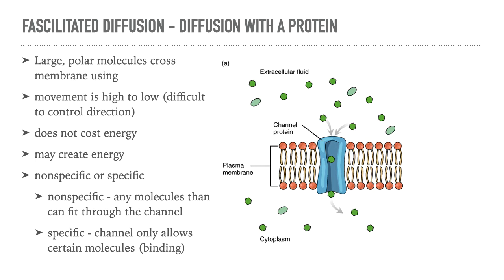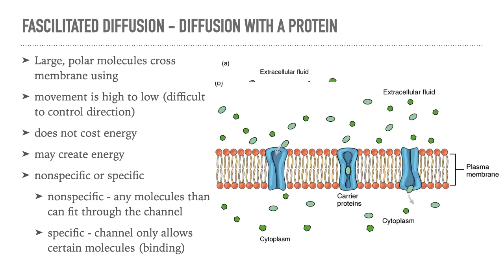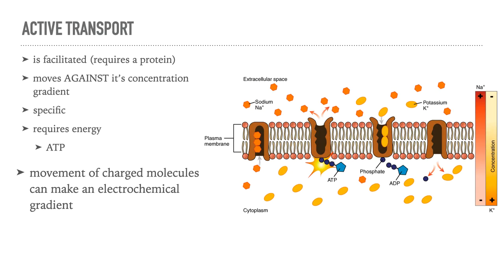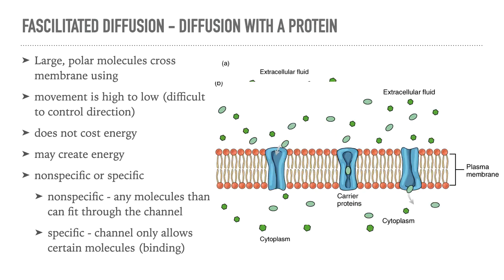So in that case, we will move on to facilitated diffusion that is specific. Specific facilitated diffusion is going to use a channel, but that channel is only going to allow certain molecules to pass. If you look on the left, you see this oval binding or interacting with the channel. So only ovals can pass through this particular channel.